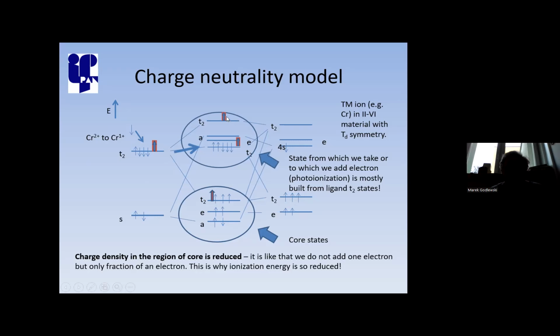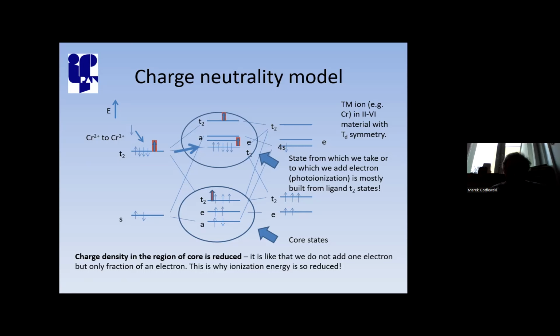I put some arrows here showing how it affects the positions of the different levels. What is important for us is what happens in the core states: this shift of the T2 symmetry level up means that the density of electrons in the core region is somewhat reduced.